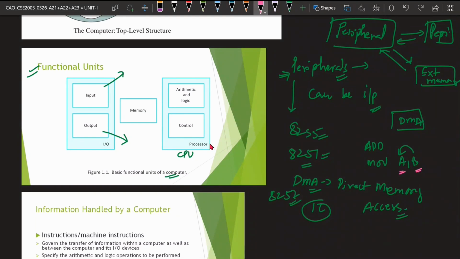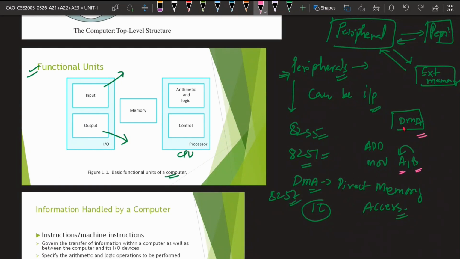But suppose a large amount of data needs to be transferred between a peripheral and a memory device. Instead of the processor, we use an external device called DMA, direct memory access.